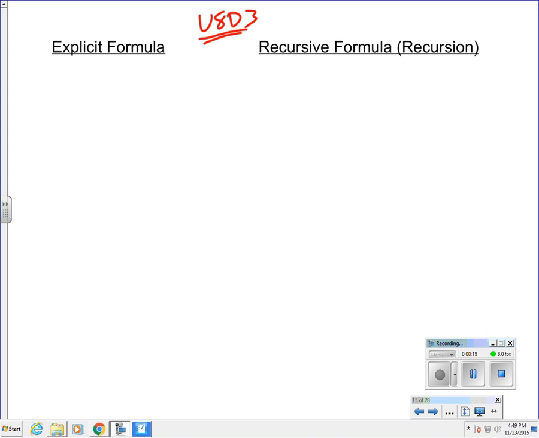So there are different ways we can write sequences, which is what I've been talking about the past 2 days, sequence notation. There are explicit formulas, which tell you how to find the nth term or the general term.